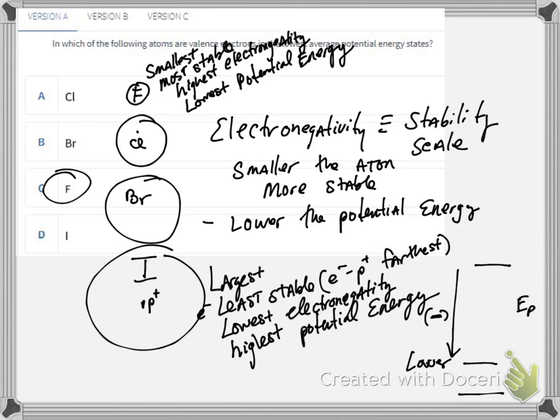The lower the potential energy, and we'll call this lowest, this is going to be the most stable. It's going to be the most stable the farther you go down. So the lower the potential energy, the more stable the system is, if we define zero there. So that's one of the aspects of the language in terms of describing negative numbers that you'll have to make sure that you practice working on.